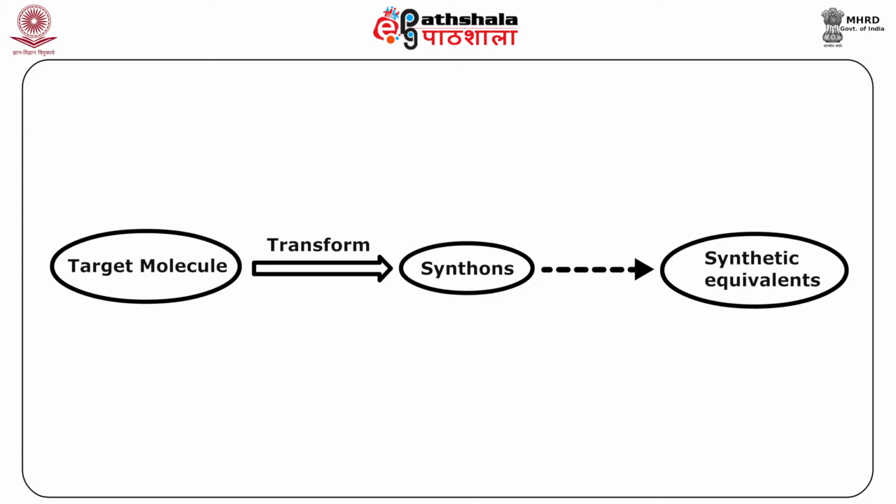So you have the target molecule first, you break the target molecule at different positions, that is how you get different retrosynthetic routes, and then breaking that will give rise to synthons which are positively or negatively charged species, and then corresponding to each of these synthons you have to think of synthetic equivalents. And when you really carry out the reaction starting from these synthetic equivalents in the appropriate conditions and reagents, then you mix them and get the target molecule back.